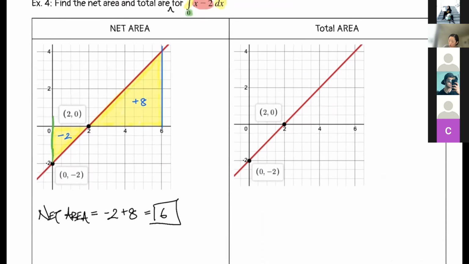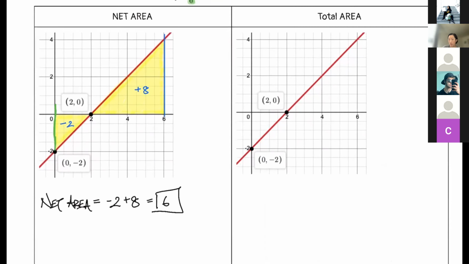Now, the total area, okay? The total area is a little bit different. Net is not like the total. It is in the sense that we're still looking at area.